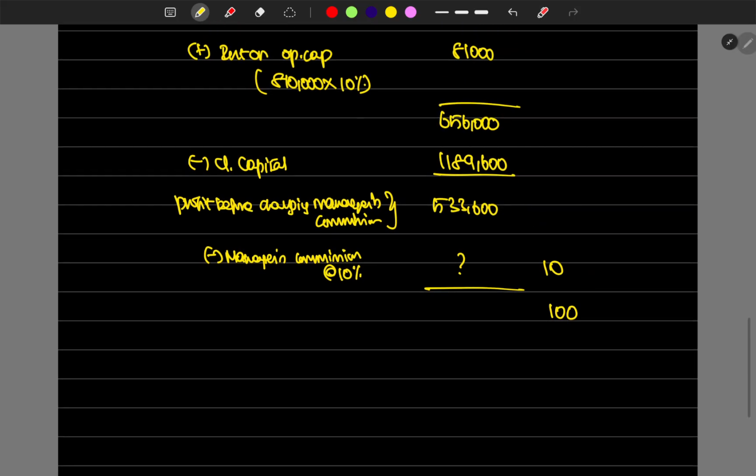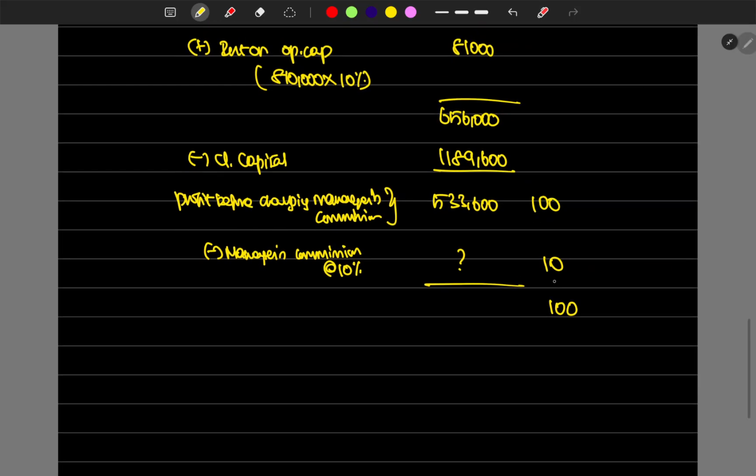Okay guys, this should be like this: this is the 100% and this is 10%, and this should be the 110%, because the manager's commission is after charging commission. So we need to take 100% as the profit before charging commission, and then we deduct the commission, and then we get the profit after commission. This is the actual net profit.